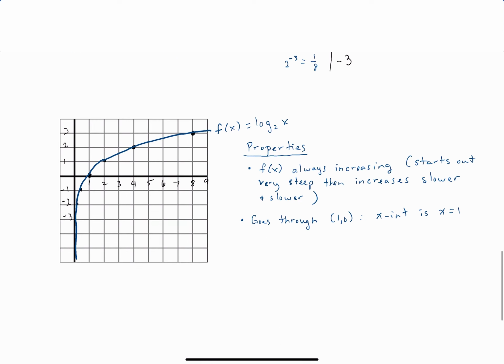Let's see, what else can we say? Well, to the left of 1, 0, in other words, when x is less than 1, the y values are negative.